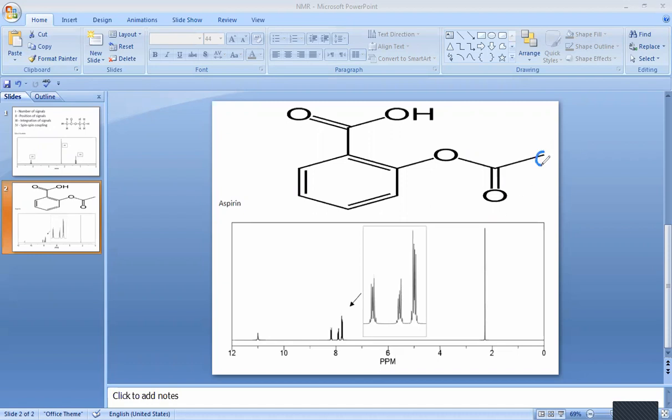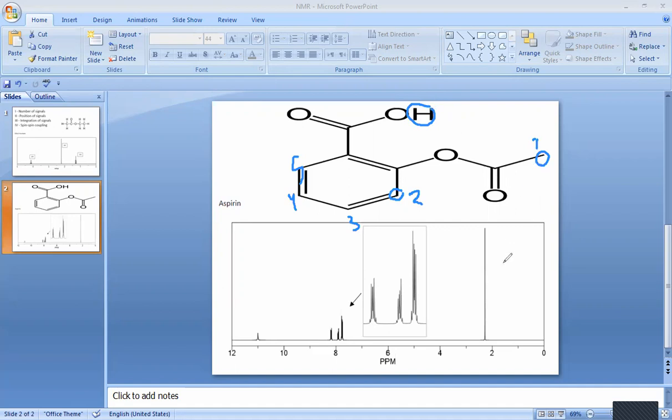Here we have a carbon that's bound to 3 hydrogens. Here we have a different carbon. This is the first set of hydrogens. This is the second one. This is the third one. This is the fourth, and this is the fifth. And we have another hydrogen here, which is part of the carboxylic acid.